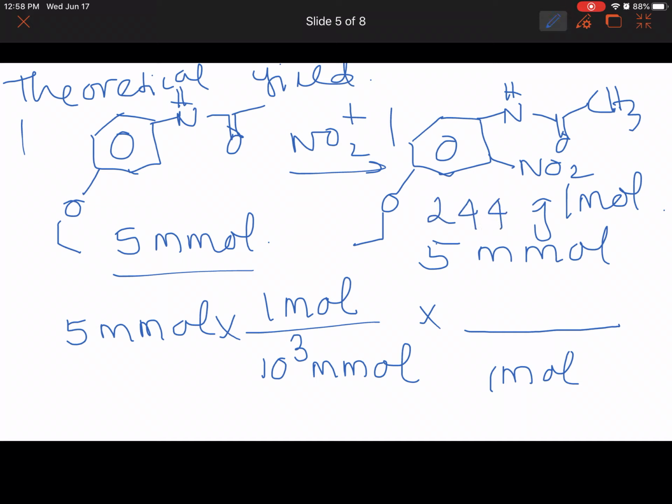244 grams. Now we will have a different number. So the theoretical yield of nitrophenacetin would be 1.22 grams. Okay, and then in your virtual video you will find out what is the mass that they have obtained from this nitration reaction when they run the experiment.